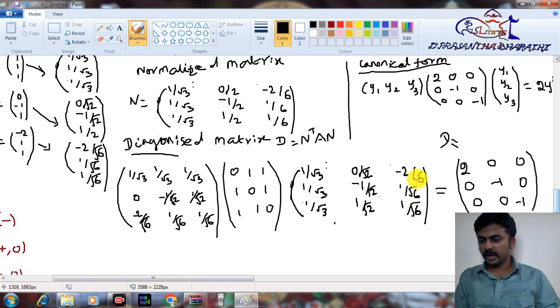You can simply write the eigenvalues in the diagonal and zeros in the remaining positions. That is what I have told in our earlier session. The diagonal matrix is always a triangular matrix, it can be an upper triangular or lower triangular matrix.